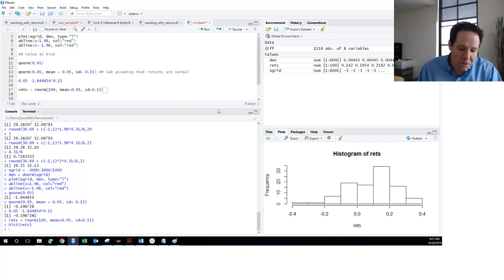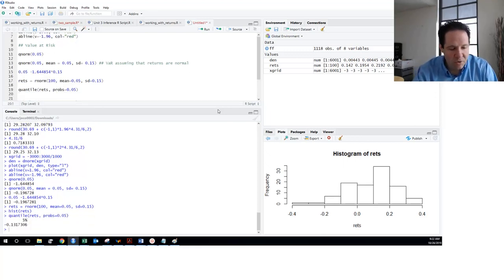Now, suppose I were to just use my return data to try to compute what the value at risk is. What R has is a function called quantile. And you can say, compute the quantile, tell me the fifth percentile, or the 0.05 quantile, and that will give me an estimate for what the value at risk is.